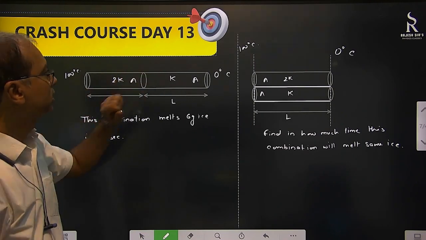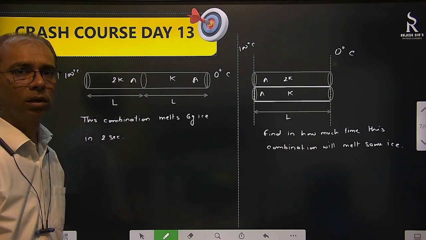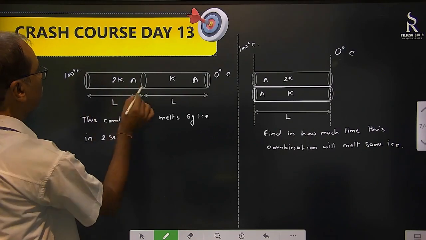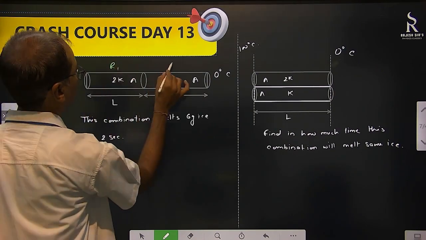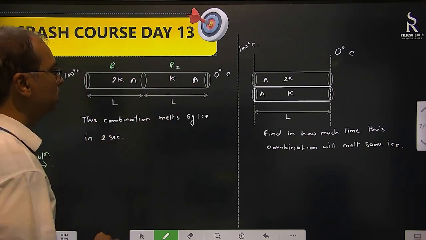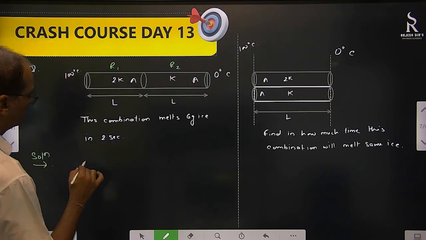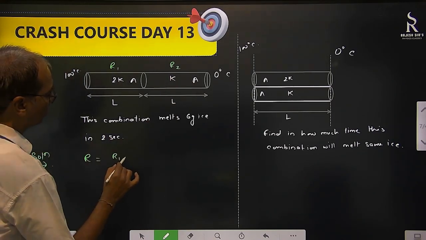If it's series connection, we use the series formula. There are two rods, this is R1 and this is R2. So series connection means resistance will be R1 plus R2.